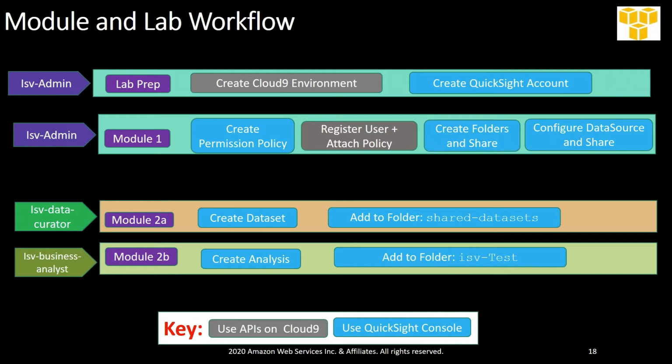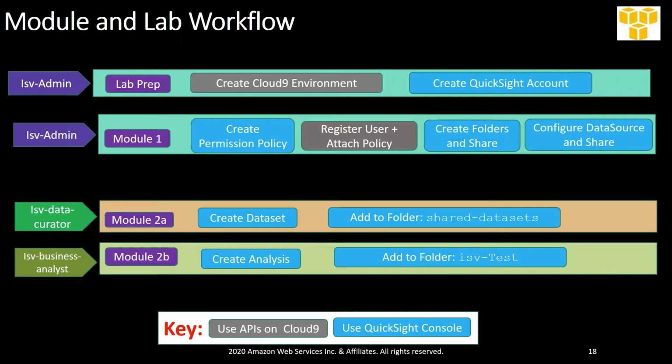So we'll be logging in as ISV admin user and create a Cloud9 environment. We'll talk a little bit about what Cloud9 is in the next slide. And then we'll also create a QuickSight account because it's the first time we are using QuickSight, and we need to set up that account as well.